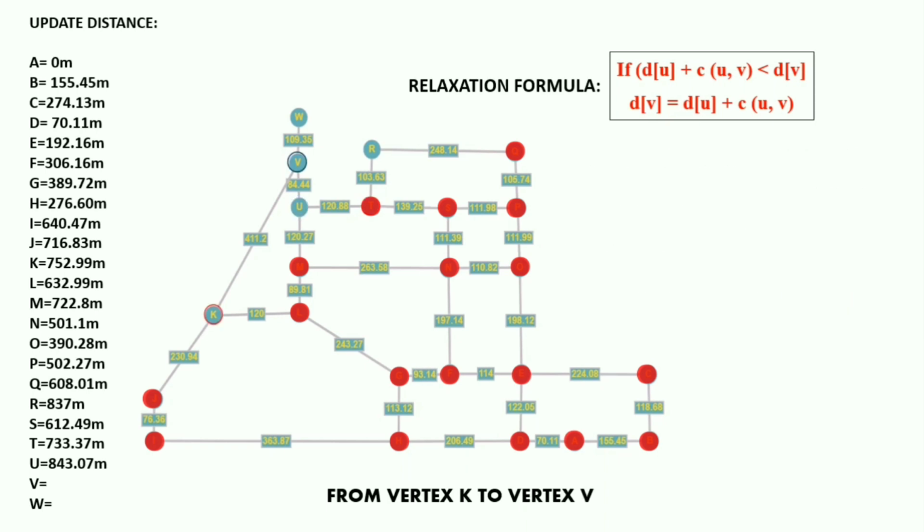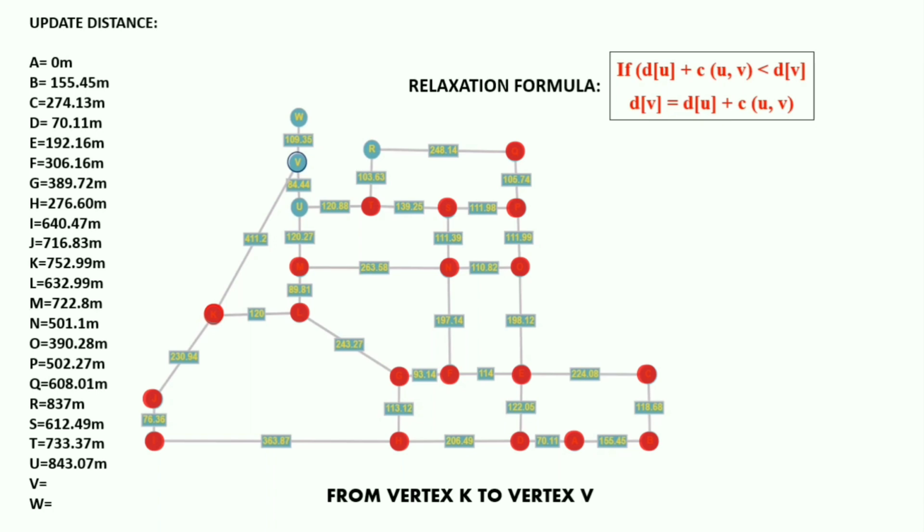Now if we find the shortest path among 843.07 meter, 752.99 meter, 837 meter, and infinite for all other remaining vertex, the shortest path is 752.99 meter. So we pick vertex K. The vertex connected to vertex K is vertex V, but not vertex J and vertex L because we already visit them.